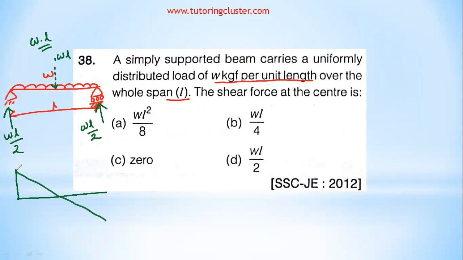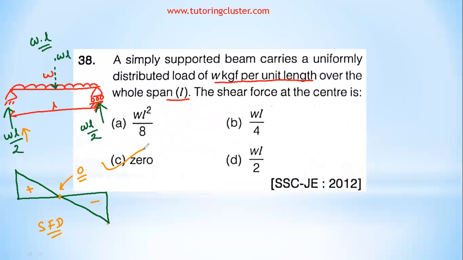It will be like this. And again, it will be going by WL by 2. Is the shear force diagram right? So this will be of positive nature, WL by 2, it is going up, and it will be of negative nature from here it is going up. So this is at the center. This is the shear force diagram. So at the center, the shear force is 0.